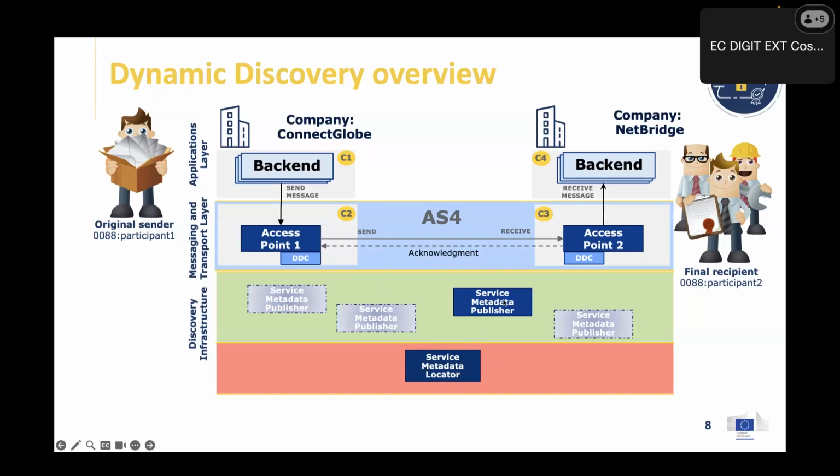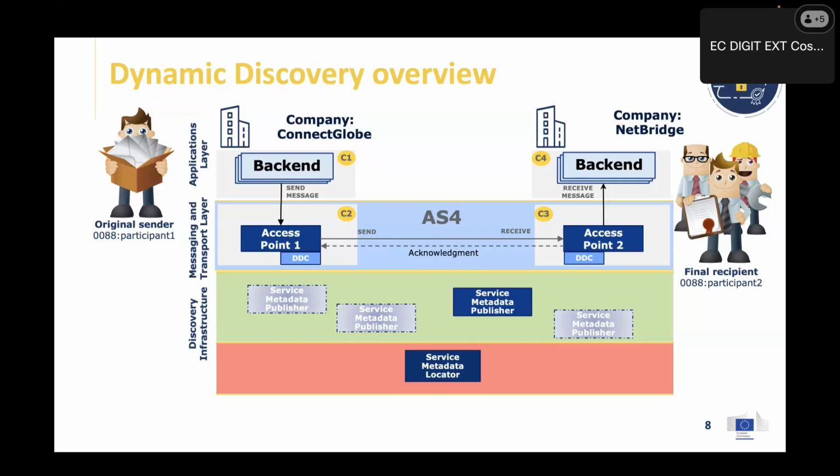After this is done, the access point will get the public certificate of access point 2, the URL, and the party name. And then access point 1 can send a message to access point 2, which will be delivered to the final recipient, participant 2, via the backend. So this is an overview of how dynamic discovery works.